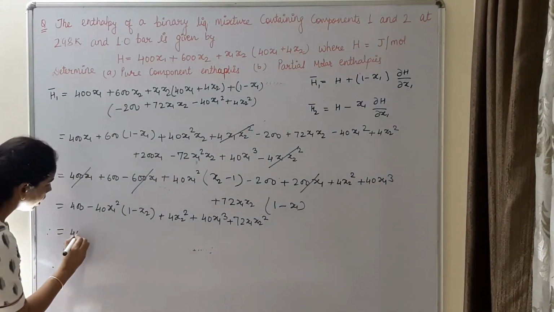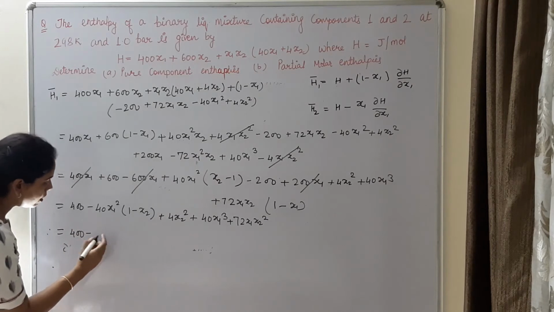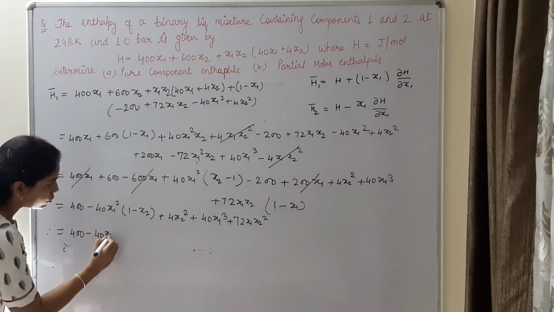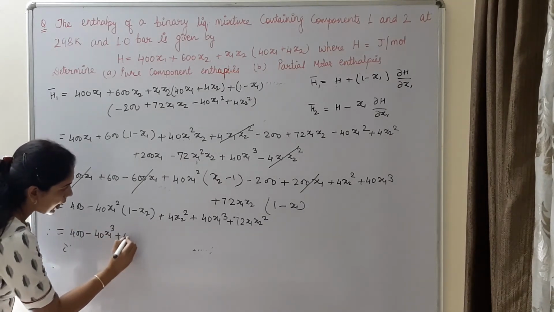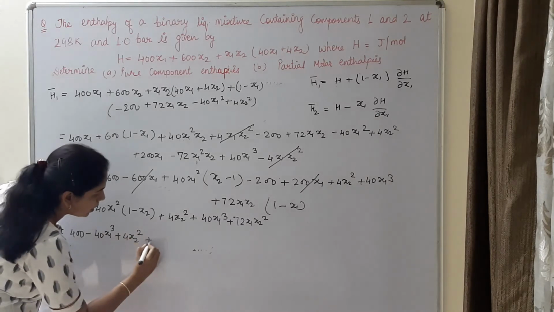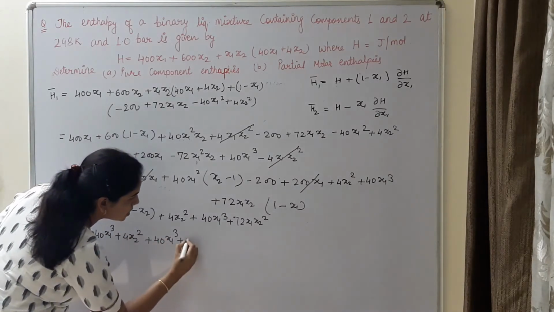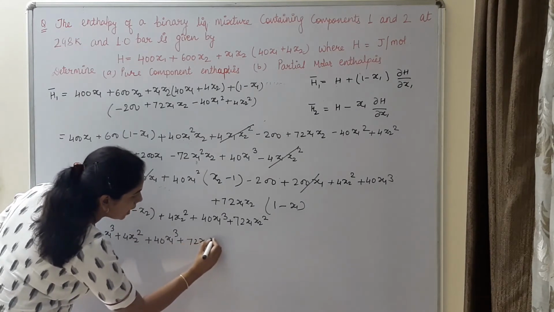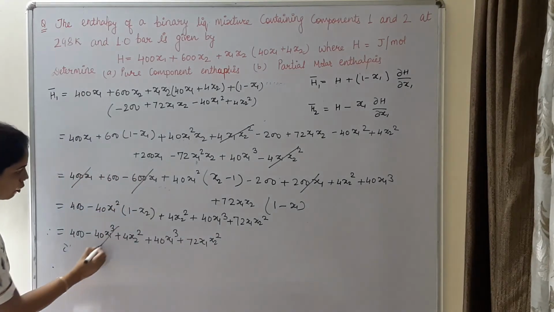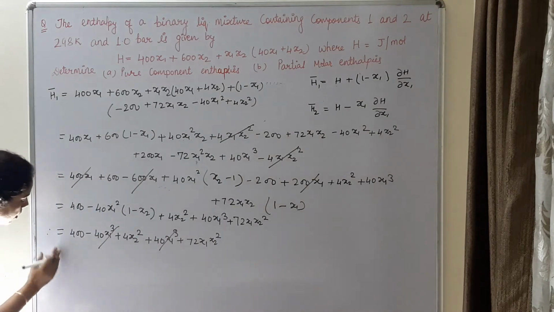Then 40 x1 cube plus 4 x2 square plus 40 x1 cube plus 72 x1 x2 square. So 40 is cancelled again.